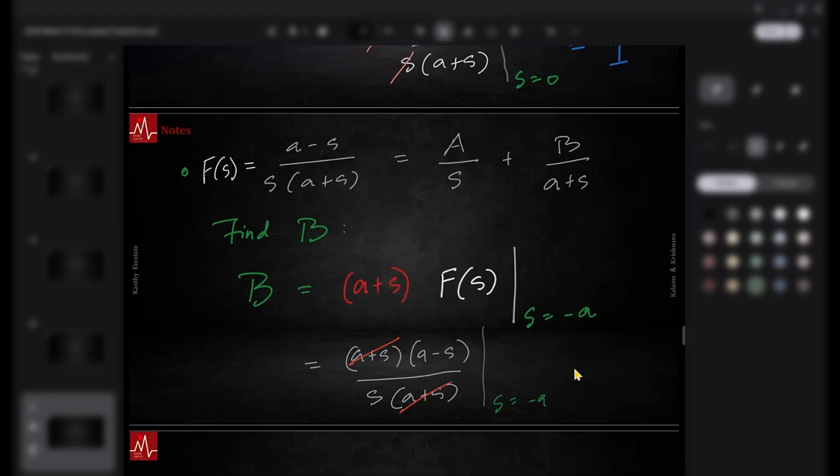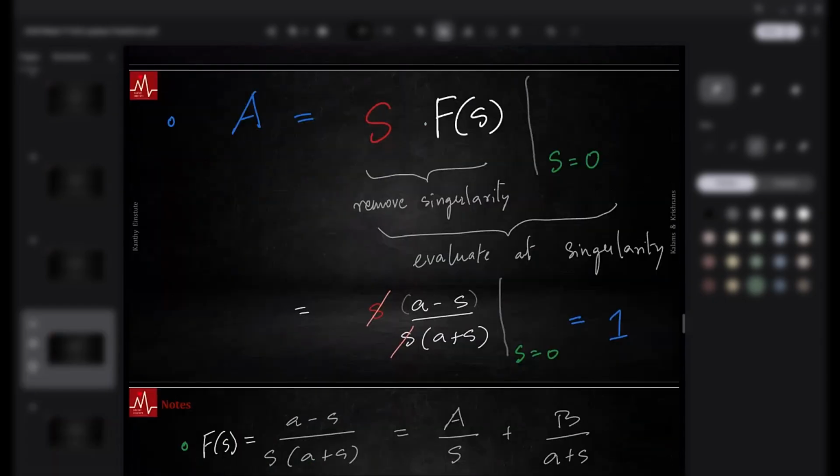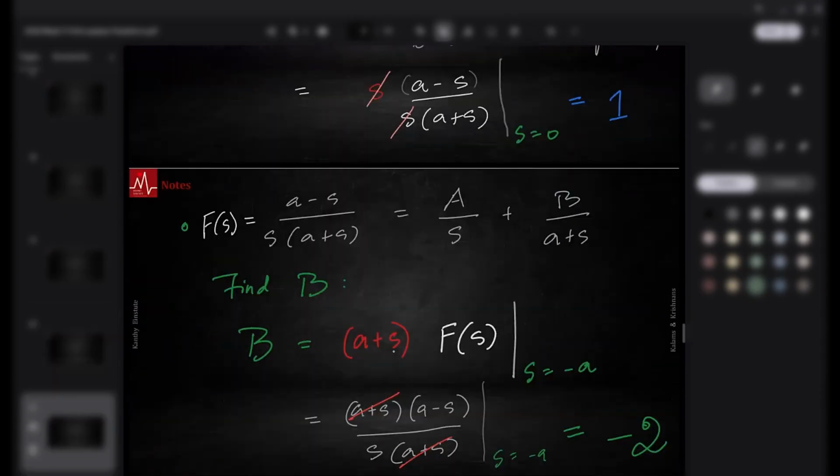Give me what this is. The denominator is minus A. Numerator is A. Minus. Notice there I multiplied by S and evaluated at 0. Here I multiplied by A plus S and evaluated at S is minus A.